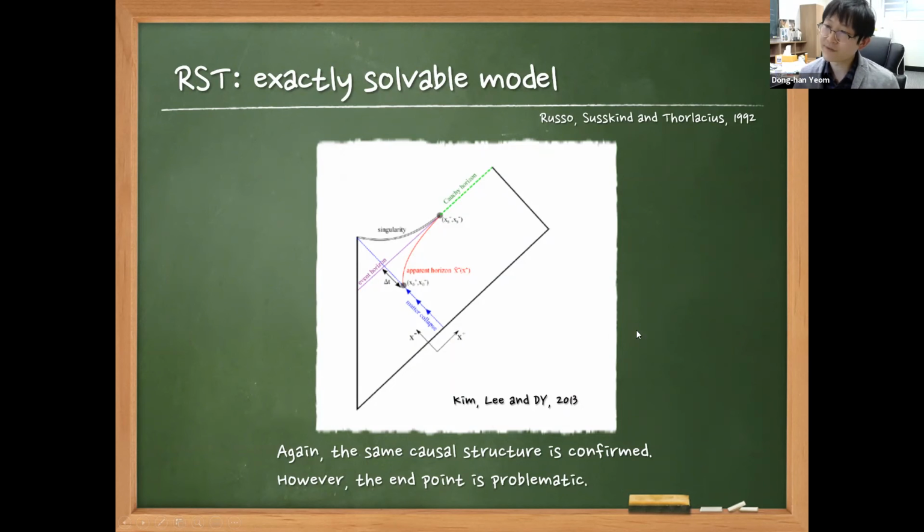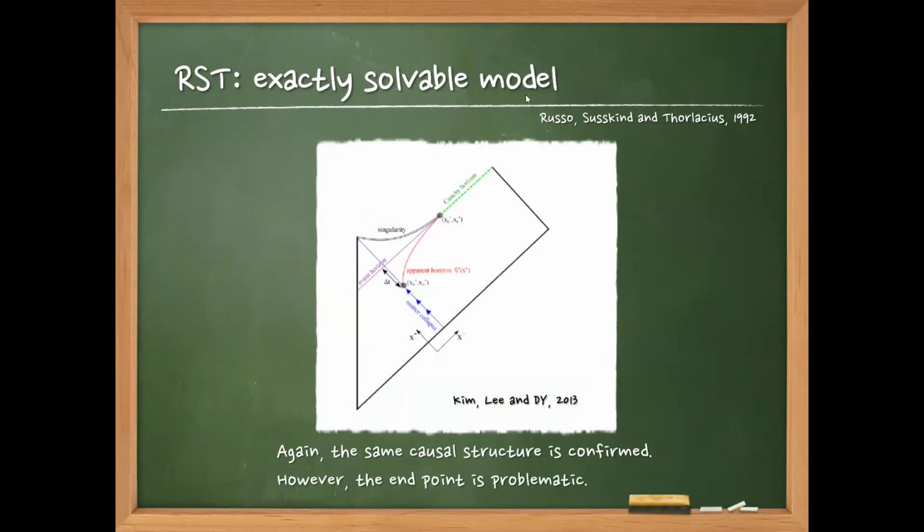So again, there is a space-like singularity and apparent horizon, and they meet in a finite time, and there appears the event horizon here. So again, we obtain from the RST model the same causal structure as the CGHS model. So in this sense, RST and CGHS both confirmed that indeed, even though we dynamically include the semi-classical effects, there must be a formation of the singularity.